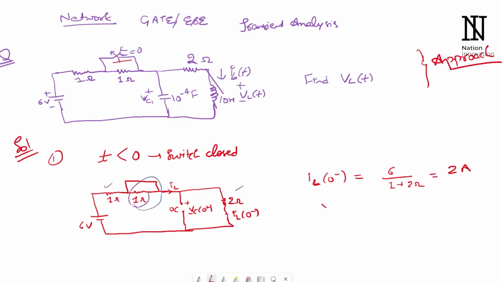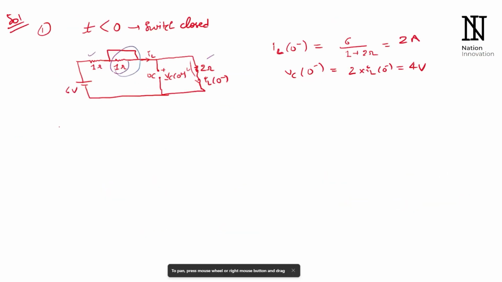And VC(0 minus) will be equal to the voltage across the 2 ohm resistor, so twice IL(0 minus), that will be 4 volt. So this is the condition for t less than 0.